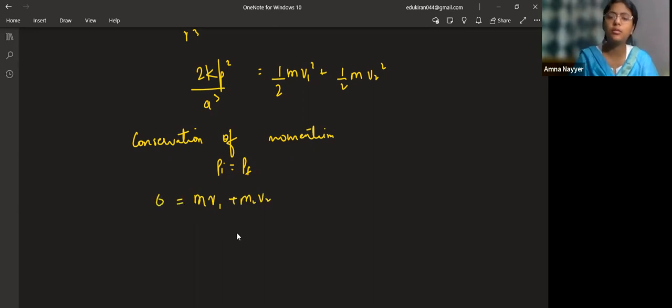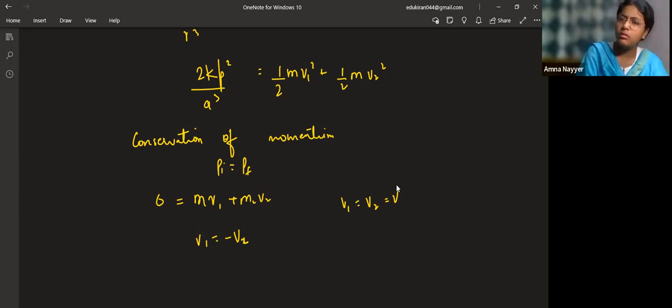Initial momentum is 0, so you have v1 equal to minus v2. It means you can equate v1 and v2 as v in magnitude. We were writing m1 and m2 same as m, dipole moments also equal. Velocities had no mention, but when you apply conservation of momentum, you conclude that velocity is also equal. Now it's just a one-liner solving.